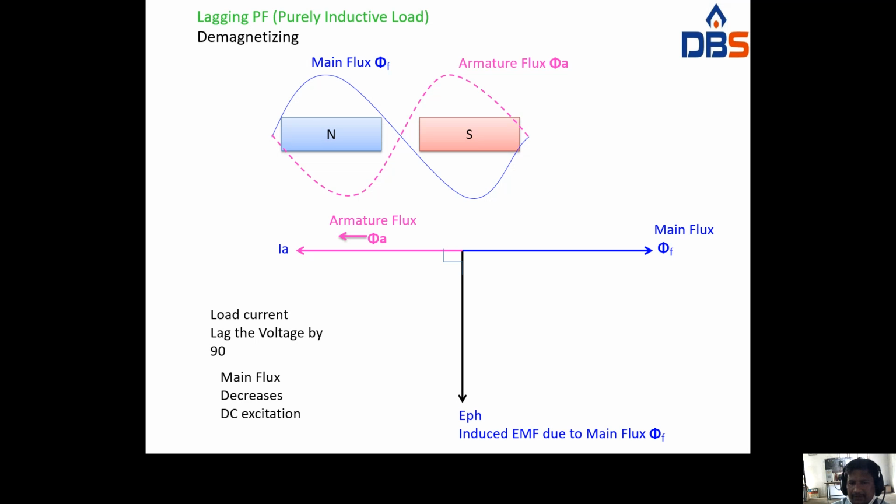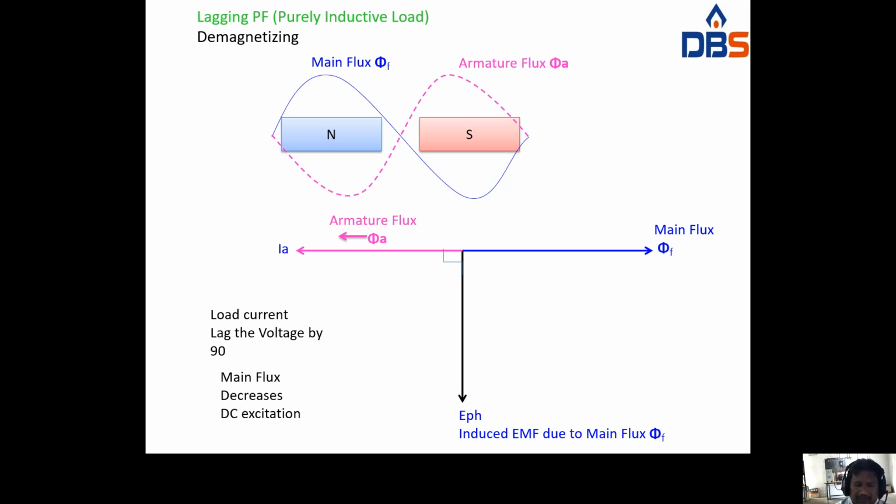Now, taking the main flux phi f as the reference in the vector diagram, the voltage E phase is induced due to the main flux. Now what about the current? The current is lagging the voltage by some angle, because this is a purely inductive load. Look at the figure, IA is because of the armature flux.